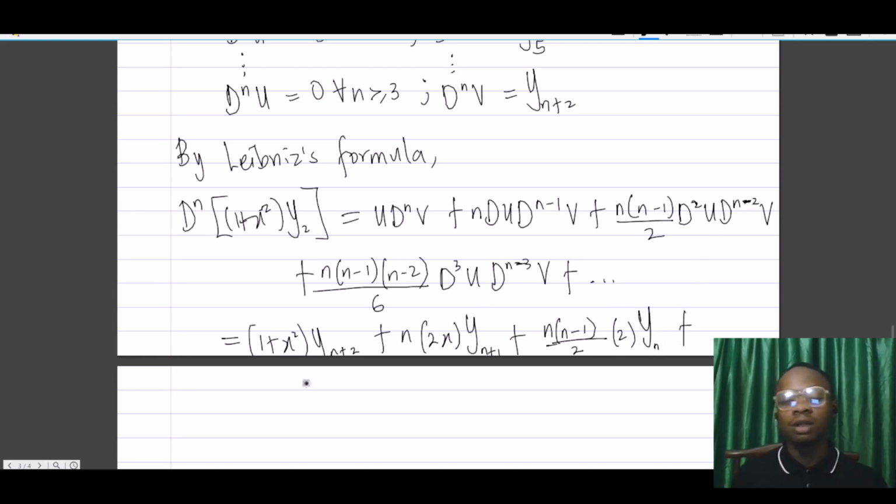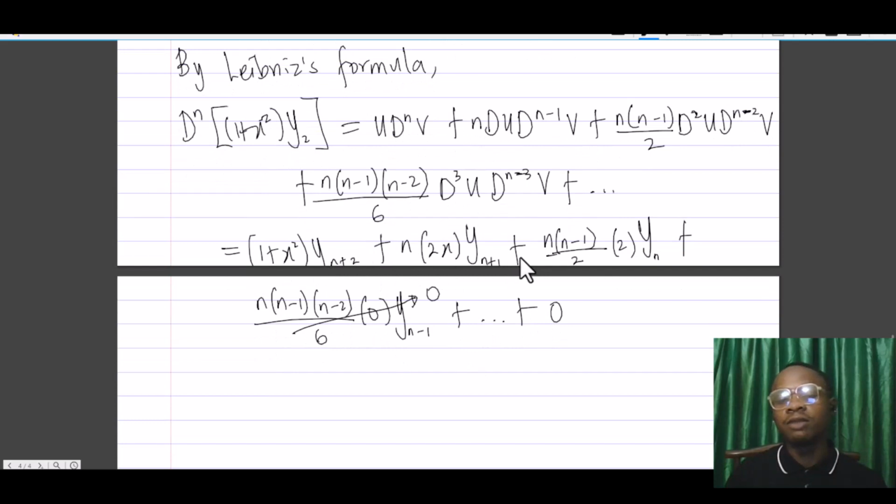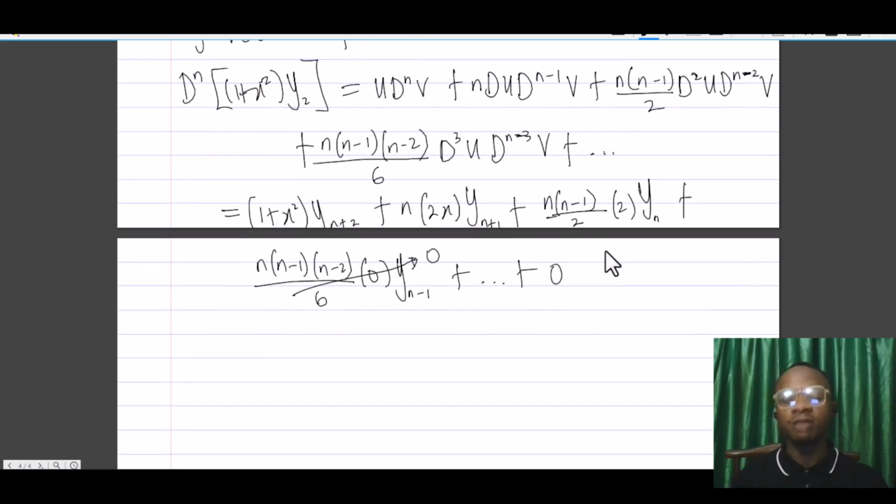And plus whatever we have left here, n into n minus 1, n minus 2 divided by 6. Then this is 0, that's the derivative of 2, which is 0, and then this is going to be y into n minus 1. And then it goes on like that and it remains 0 throughout. This is also vanishing. So basically, these are the only three terms that we have left from this expansion.